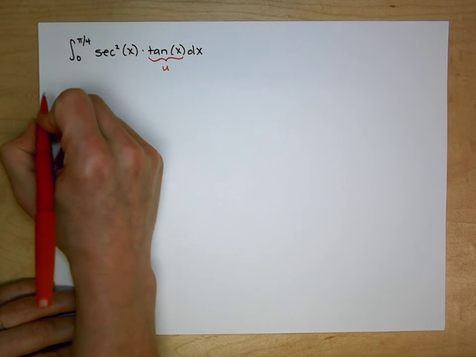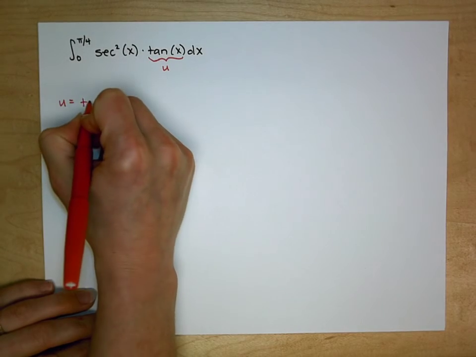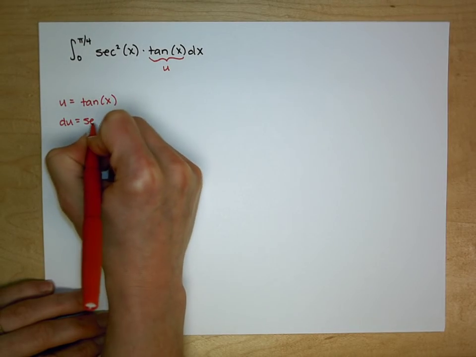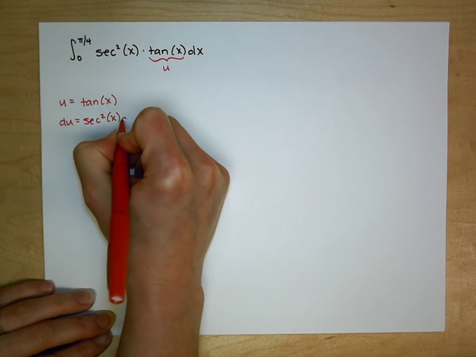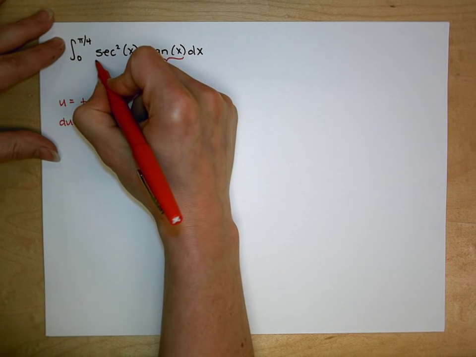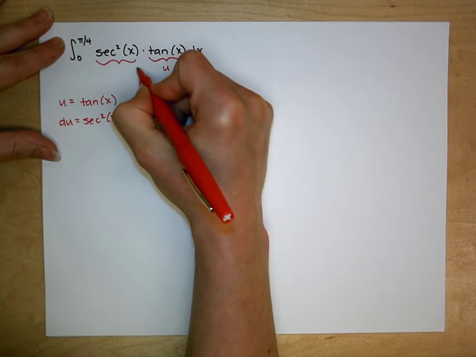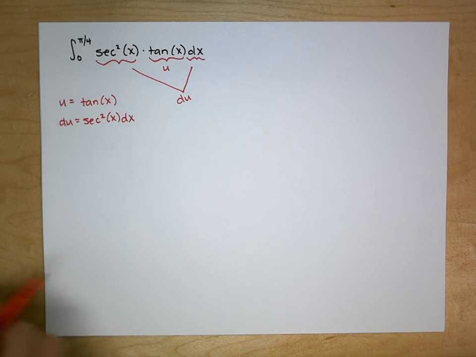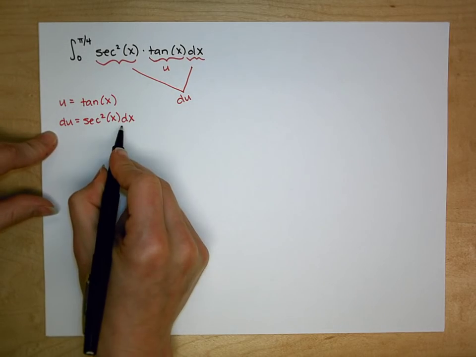Okay, so I see I want u to be tangent, and I see that du then is secant squared. And you could either reorder things, or you can also say that this and this together is du, because du is secant squared x dx.